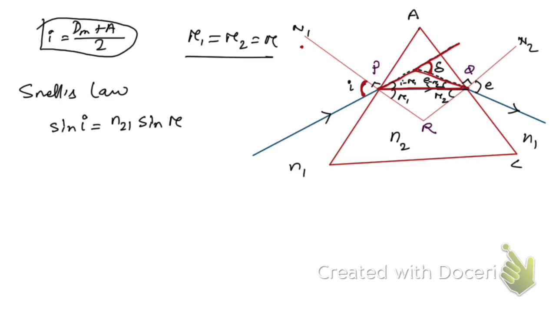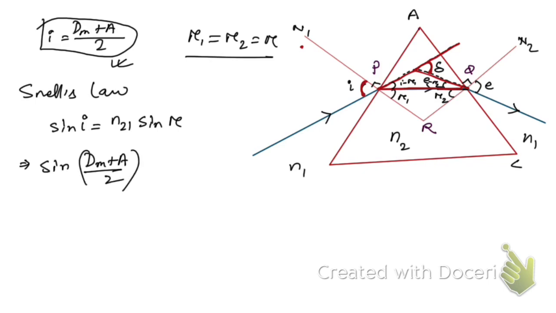So if we have got this, let me go back to the previous slide. Now you see, this relation we have got: i is equal to (dm plus A) by 2. So we can replace this i by this relation. Instead of sine i, we're going to write sine of (dm plus A) by 2.